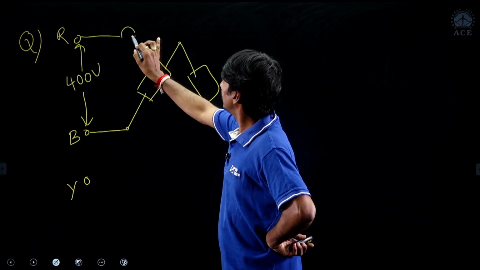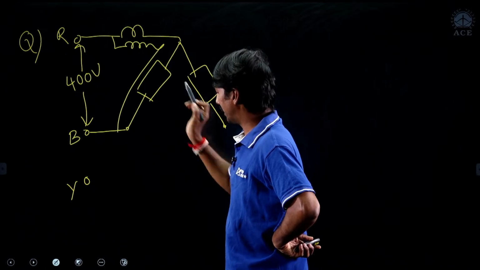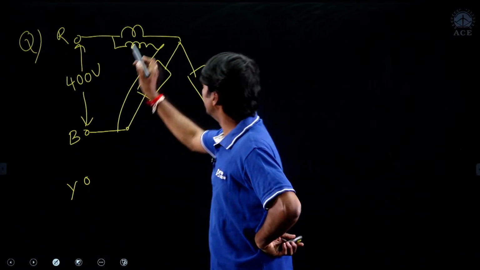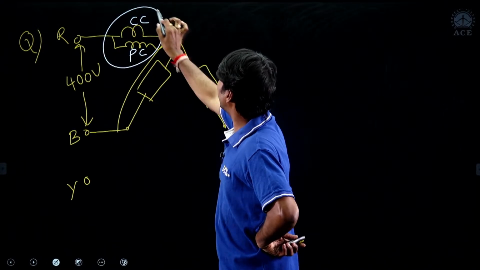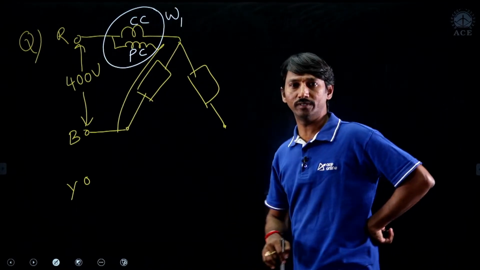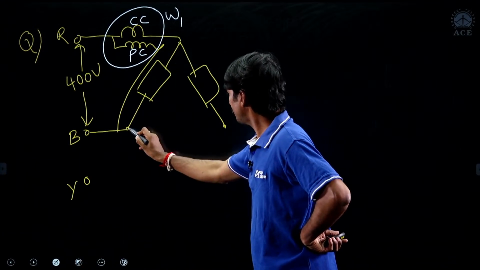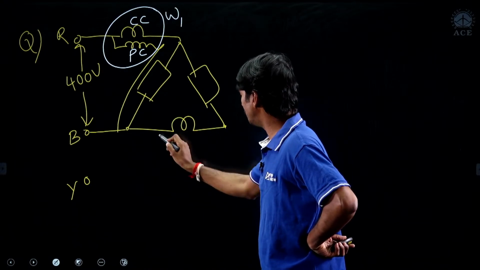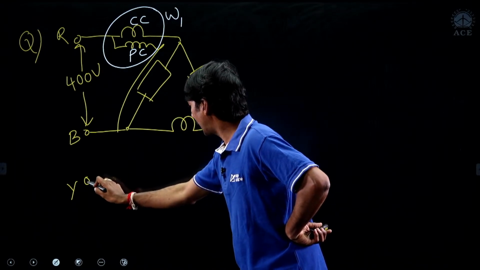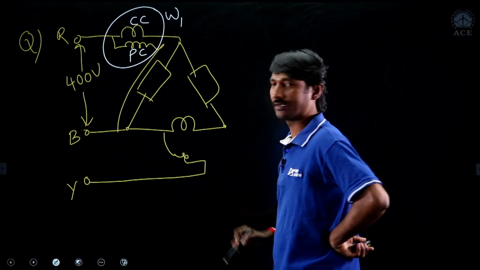In this line, they have connected one wattmeter, with a current coil and a potential coil like this. This is CC and this is PC. I am treating this as W1, and one more wattmeter is connected here, with its potential coil and current coil connected like this.